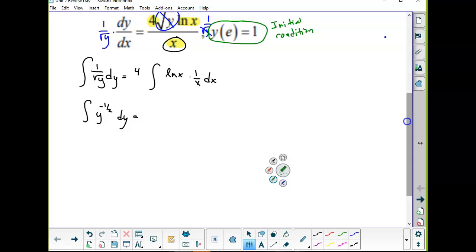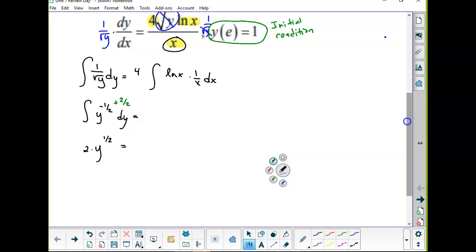We rewrote it, so now it's in the power rule side. So I'm going to add that creative form of 1 to the exponent. So if I add 1 up top, I get a positive 1/2. But if a positive 1/2 goes in the numerator, in the exponent, then I have to put a 2 out in front. So there's the antiderivative of the left side.